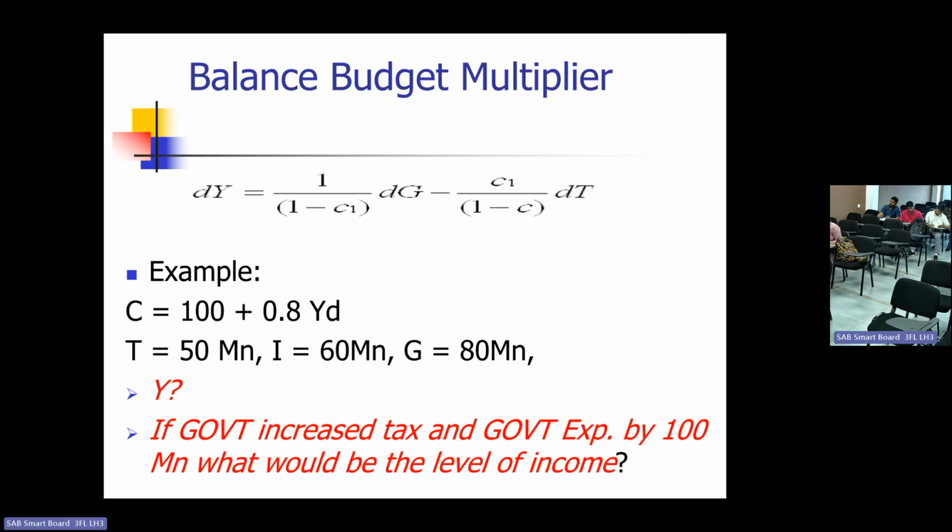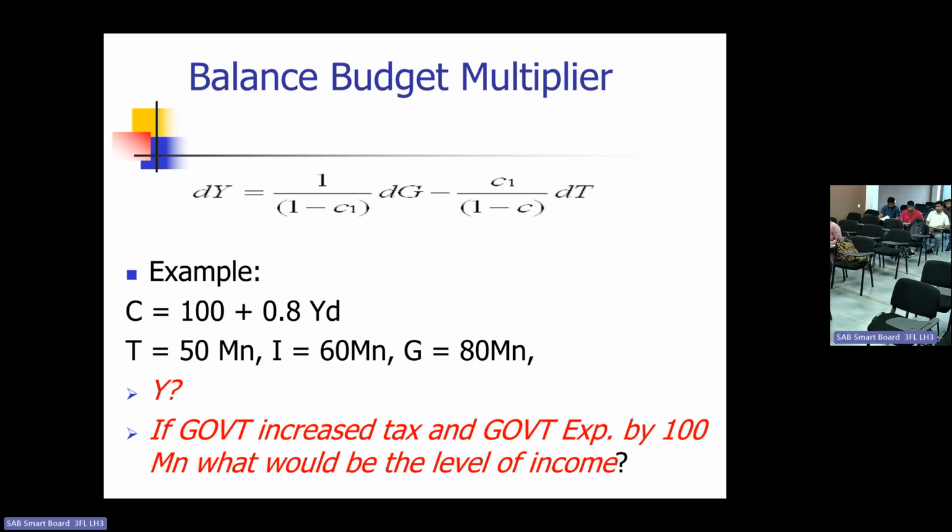Investment is how much? 60. Government expenditure 60. YD means Y minus tax. T means taxes. Since we have the lump sum tax, taxes are 50 million.